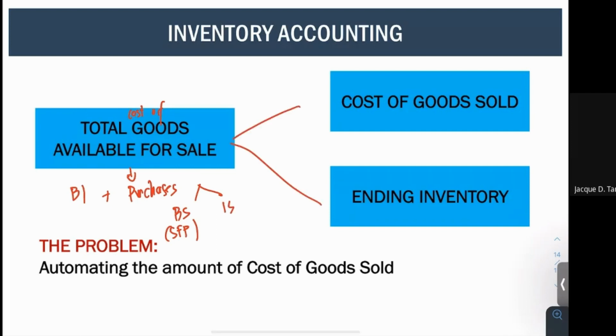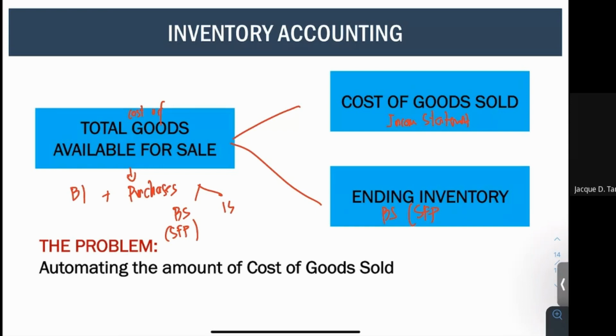The items we break down out of your total cost of goods available for sale are your cost of goods sold and your ending inventory. Your cost of goods sold is placed under your income statement, and your ending inventory is placed under your balance sheet or statement of financial position.